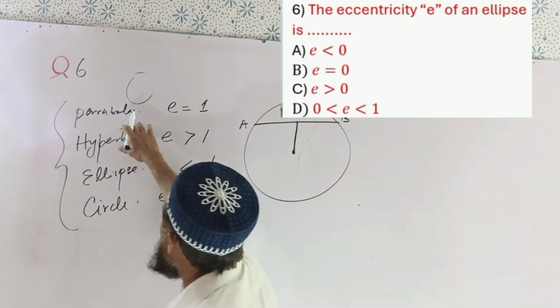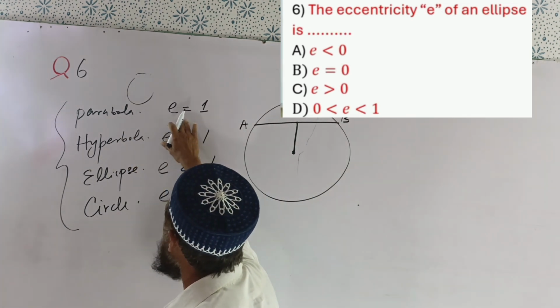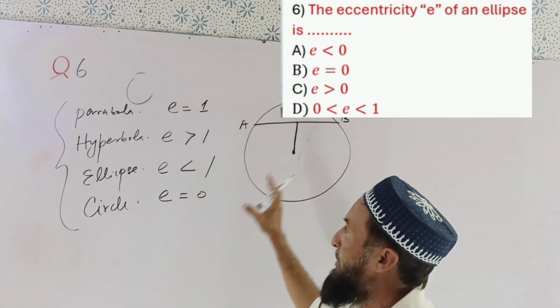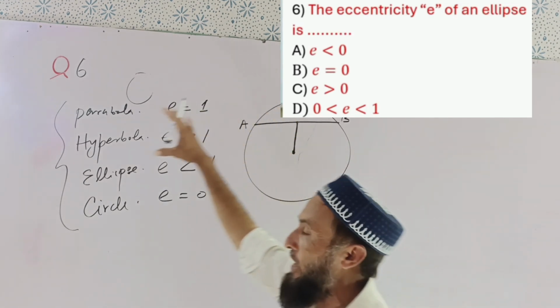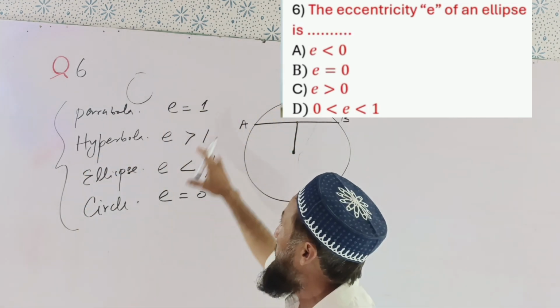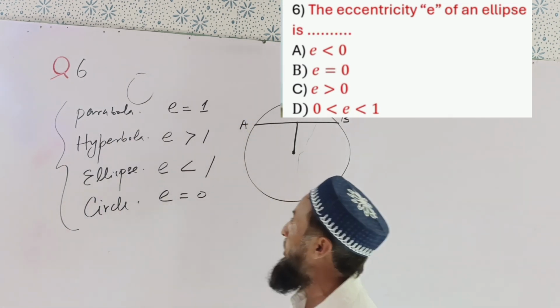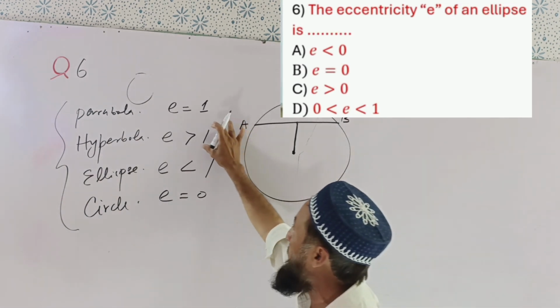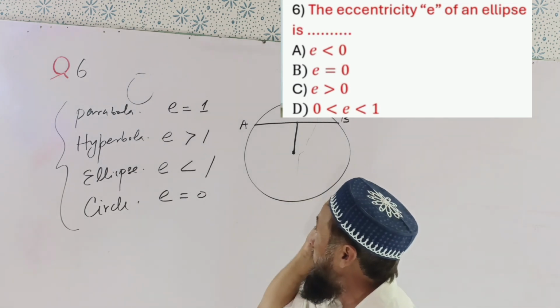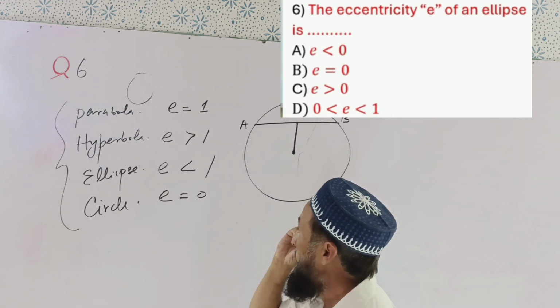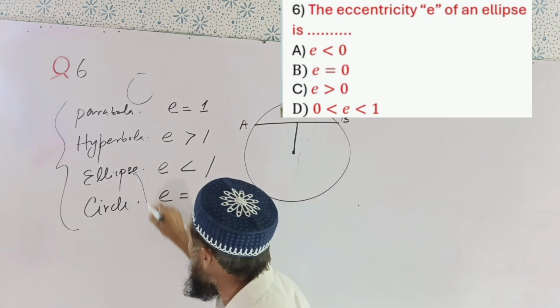These are the points: a parabola is when eccentricity is equal to 1, meaning the distance between the points and their lines are equal. So E is equal to 1 is called a parabola. If E is greater than 1, it is a hyperbola. E is less than 1, so for the ellipse we can write this result.